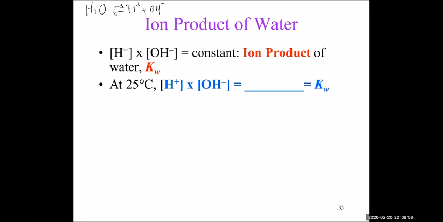When these 2 reach equilibrium, that means there will be a fixed amount of hydrogen ions and hydroxide ions. And the concentrations of these 2 multiplied will give us the equilibrium constant.